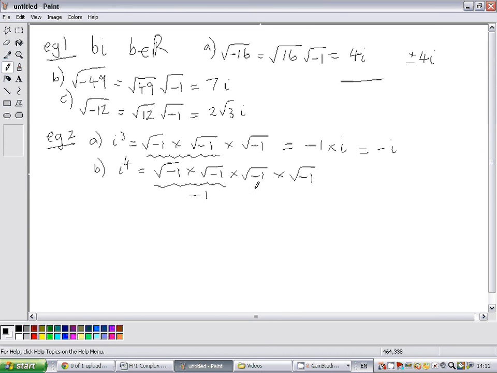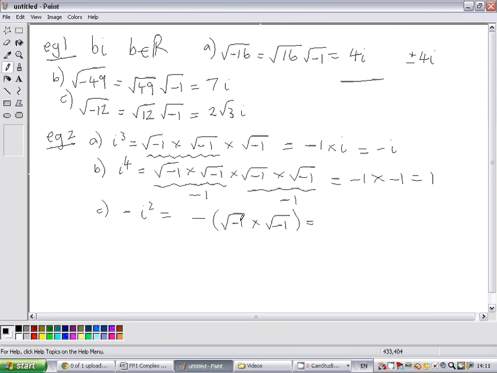So i to the 4 actually is just 1. For part C, we want the negative of i squared. So we're doing the negative of square root of minus 1 times square root of minus 1. These two multiply to give minus 1, but we want the negative of that, which again just gives us 1 as an answer.